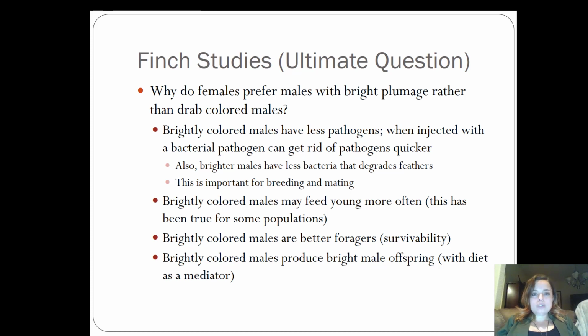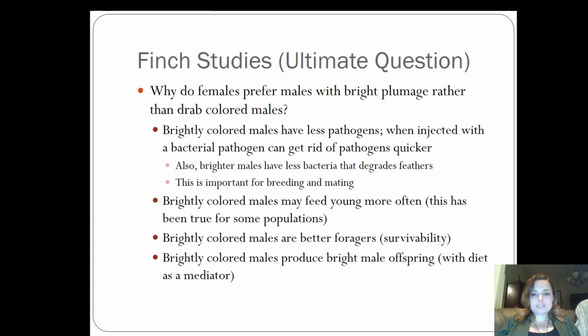Birds that have been overloaded with parasites will be more drab in color and have issues with their feathers and stuff. So the brightly colored males have less pathogens, and then when they encounter pathogens in nature or experimentally, for example, when they're injected with pathogens, they can get rid of them quicker. So that would be helpful for females to be with the male that had those characteristics if they're going to be having progeny.